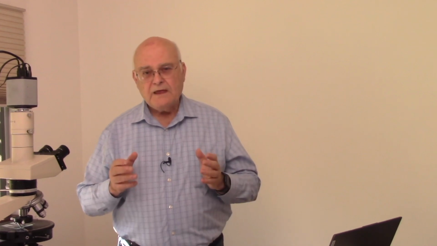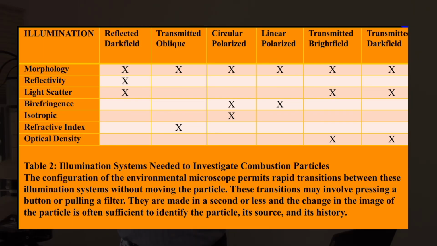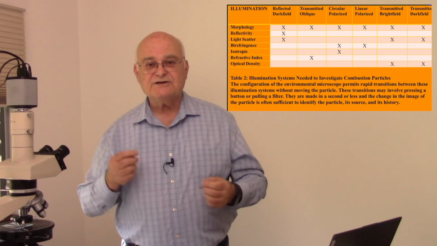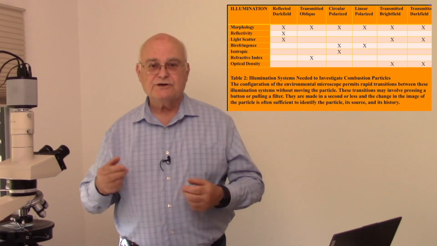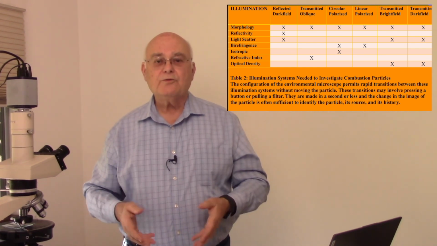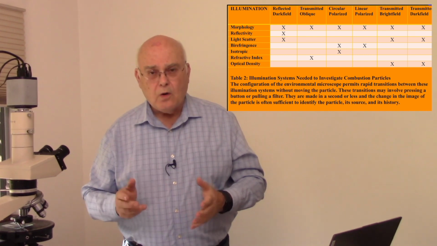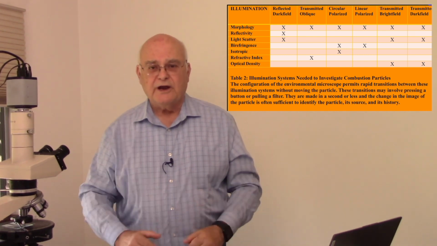Now, there's a little table here. Some of those things that are indicated, like morphology, the morphology we see with reflected dark field is not the same morphology we see with transmitted axial or with transmitted large angle, bright field, or with oblique illumination.